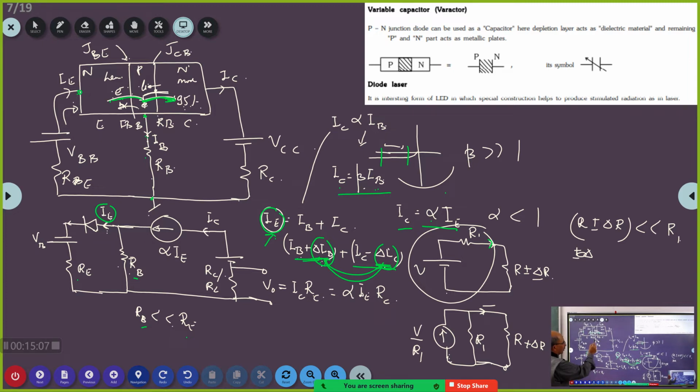Now, if this current varies, this voltage will also vary. So the forward voltage VD of this junction will also vary. This junction is behaving just like a diode. The diode forward characteristics is like this. When I started, my operating point was somewhere here.